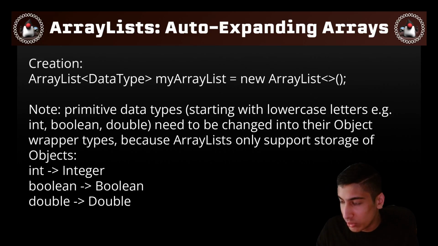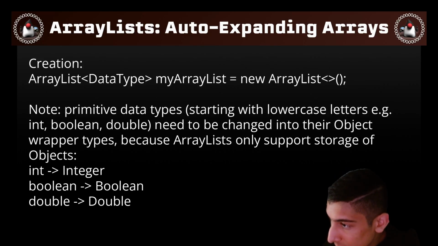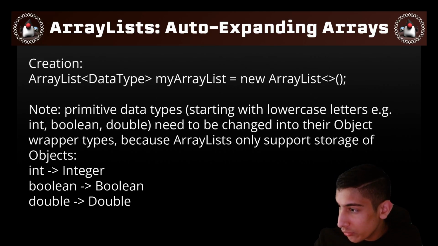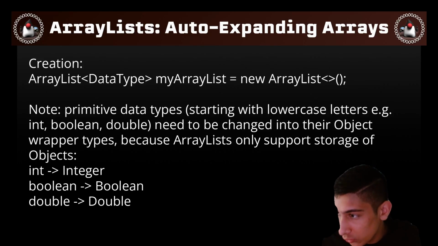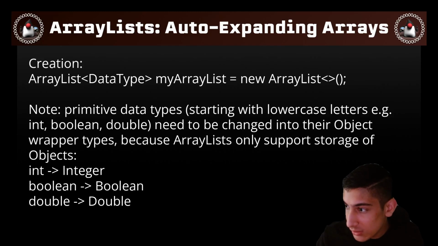Inside those, you put your data type, and then after that, a space, and then the name of your array list. And then you assign it a new array list. But after the word array list, you just put a pair of less than and greater than signs. No need to put anything in them for the right side. And then parentheses, and then finally a semicolon.